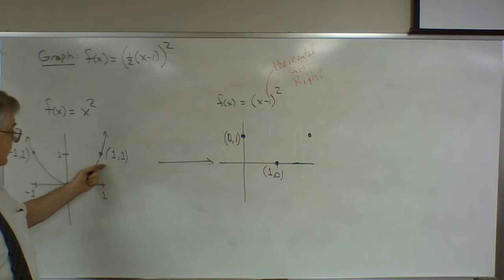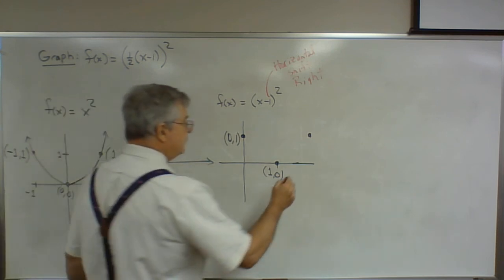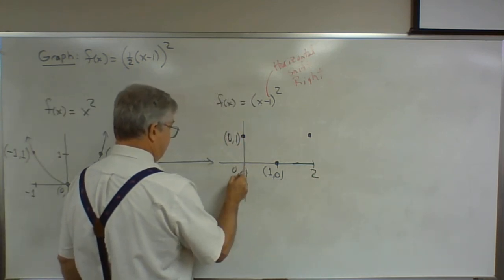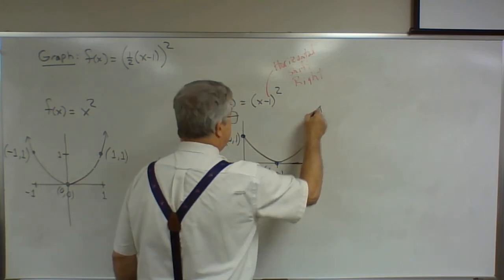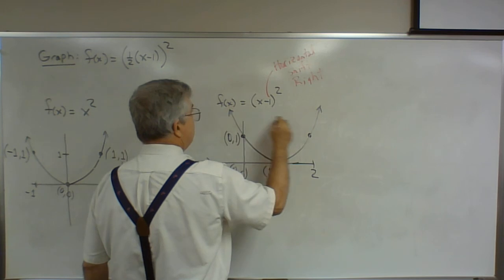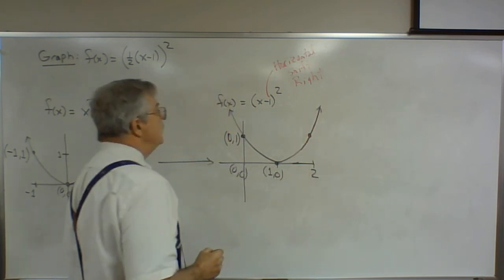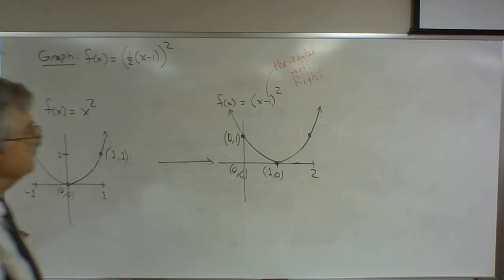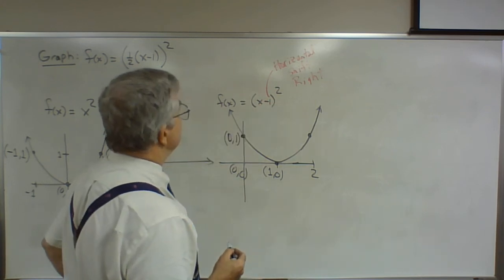And we go 1 unit to the right, so starting at x equals 1, 1 unit to the right, so x is going to be 2. Cool. We have f of x equals x minus 1 quantity squared.